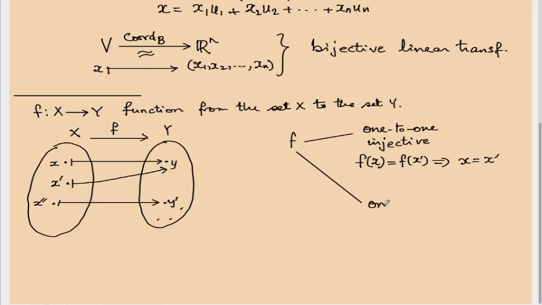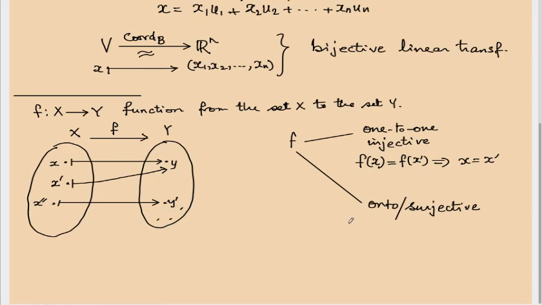It could be onto or surjective, which means that there shall be nothing in Y which is free. Everything is an image.